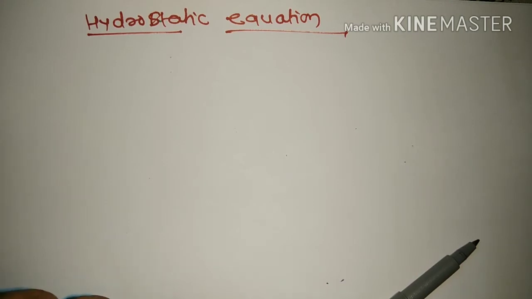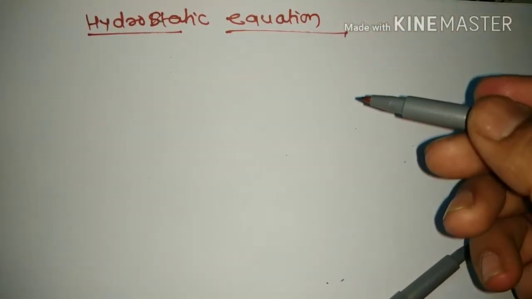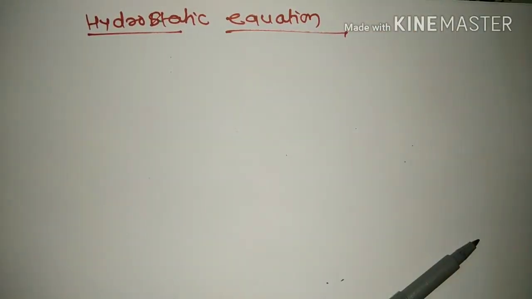The hydrostatic equation is used for the relation between the change in altitude and the change in pressure. We have to find out the change in pressure, so for that we use the hydrostatic equation.